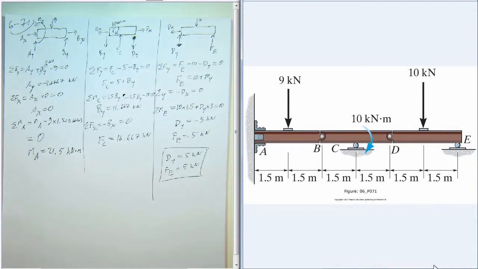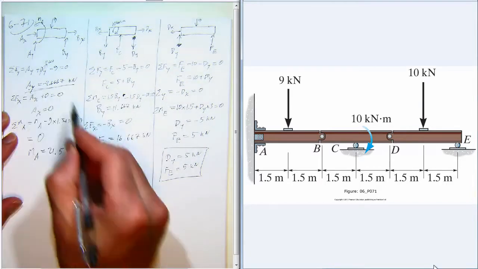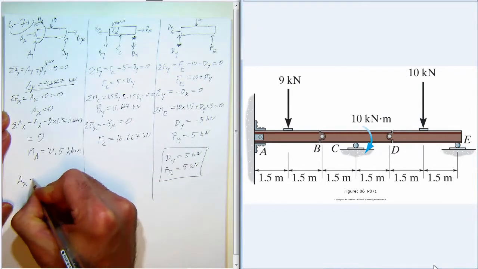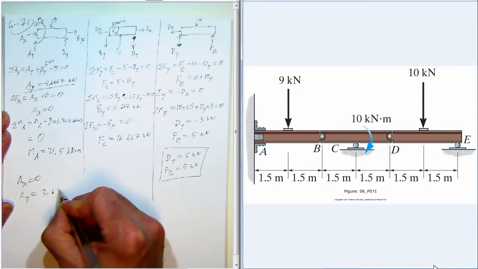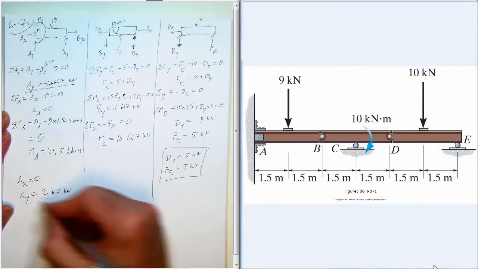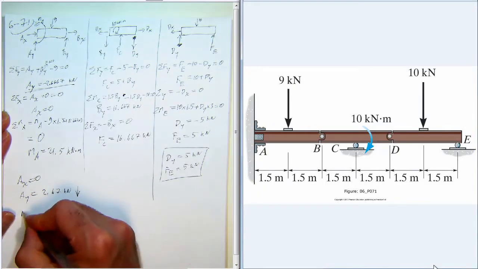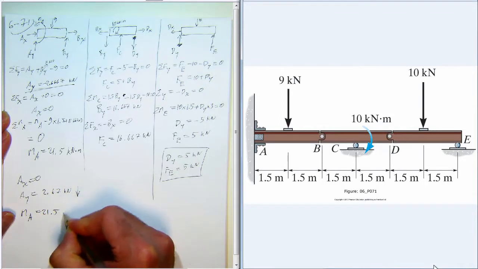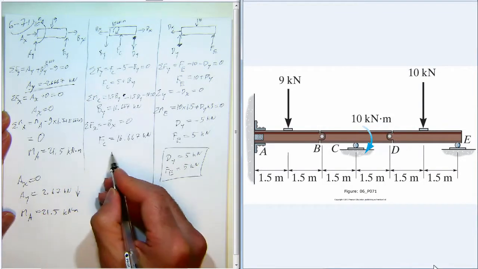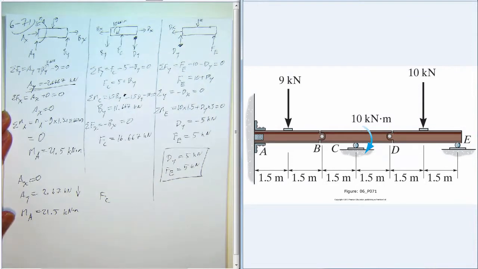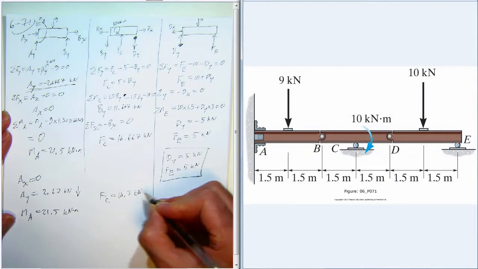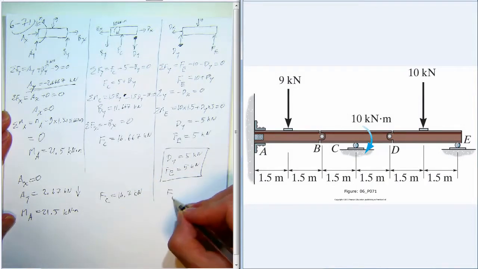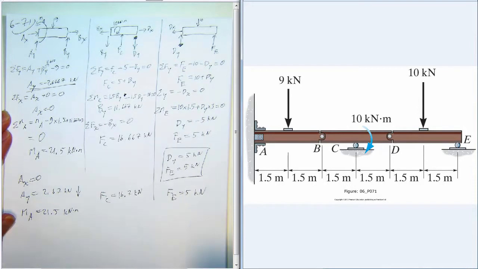So we wanted to find the reactions at A, C, and E. So here they are. So Ax is 0, Ay is 2.67 kilonewtons down. Ma is 21.5 kilonewton meters. Fc is 16.7 kilonewtons, and Fe is 5 kilonewtons.